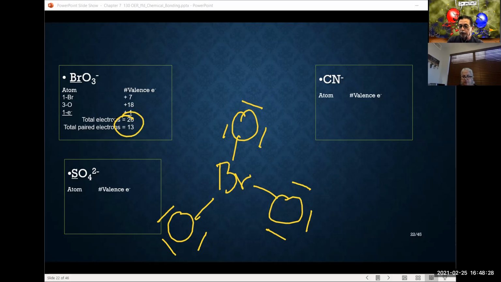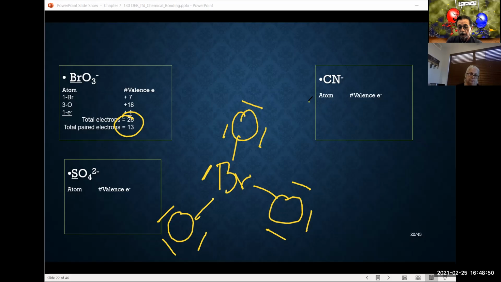Okay. I cannot put them on oxygen anymore because the oxygens are all full. So the only logical place would be on the central bromine. Okay. And so now I go back, do I still have 13? Count all my lines. I have 13 lines, or 13 pairs. Okay.